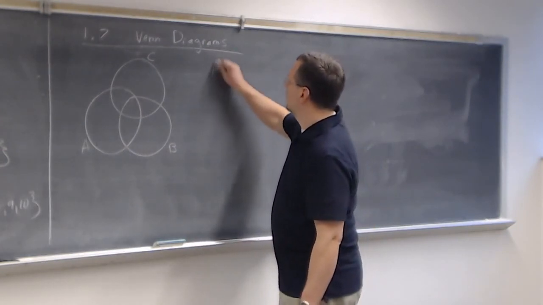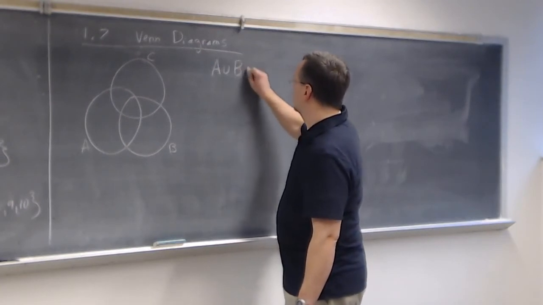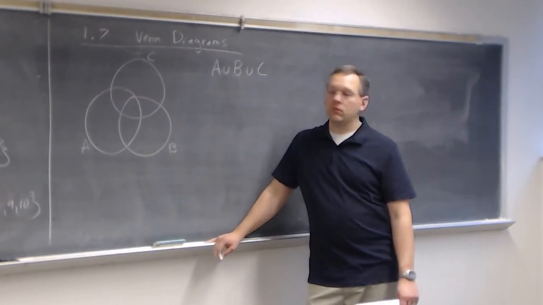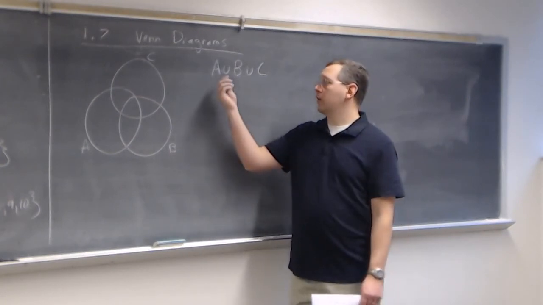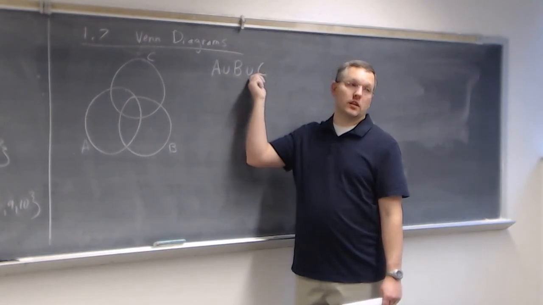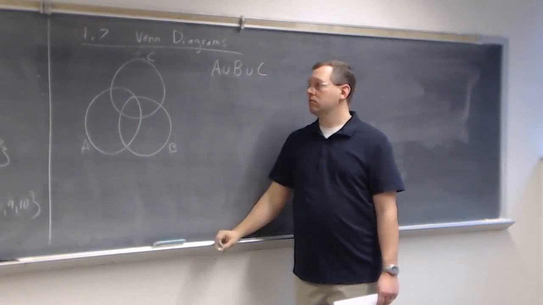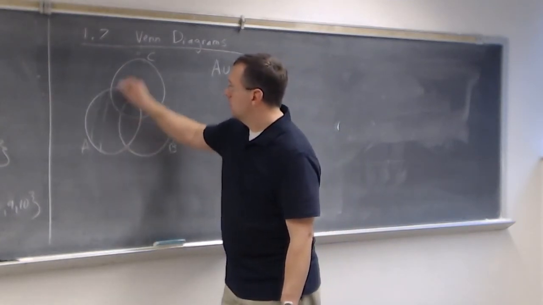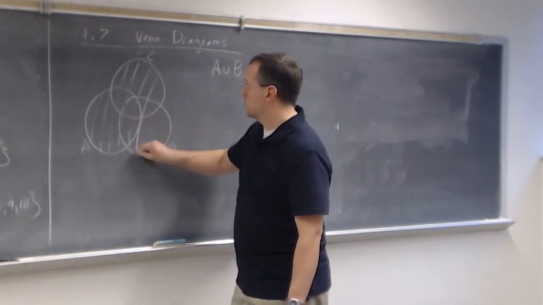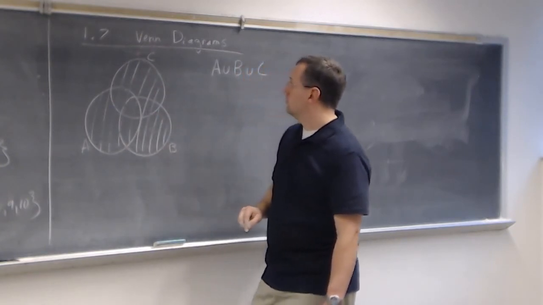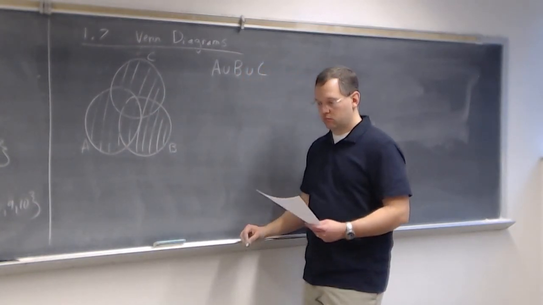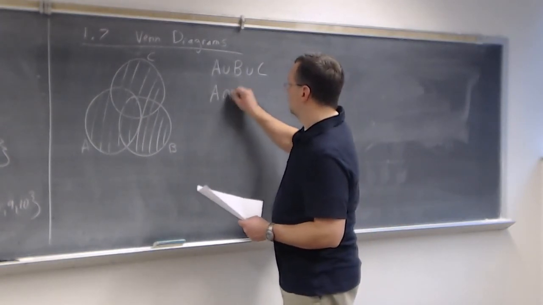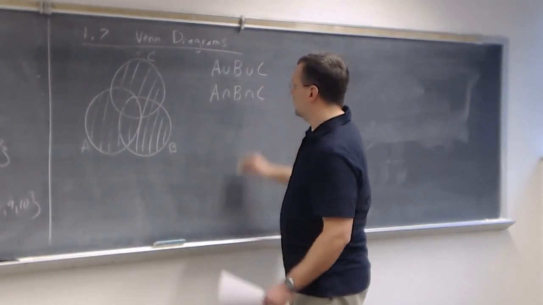So A union B union C. By definition, this is the set of all elements in A or in B or in C. So it would be all 3 circles shaded. Yeah, you shade in everything inside A, B, and C. What about if I change these to intersect?